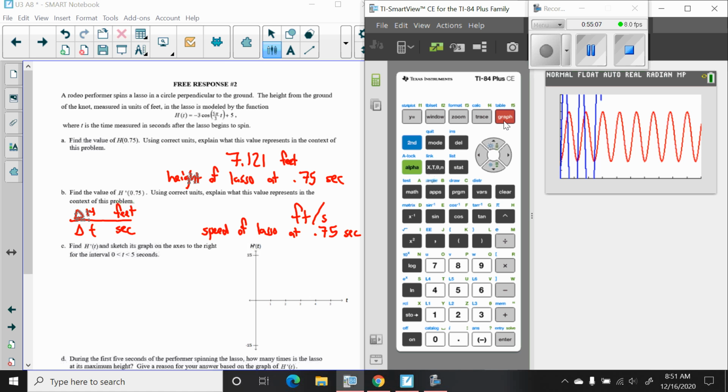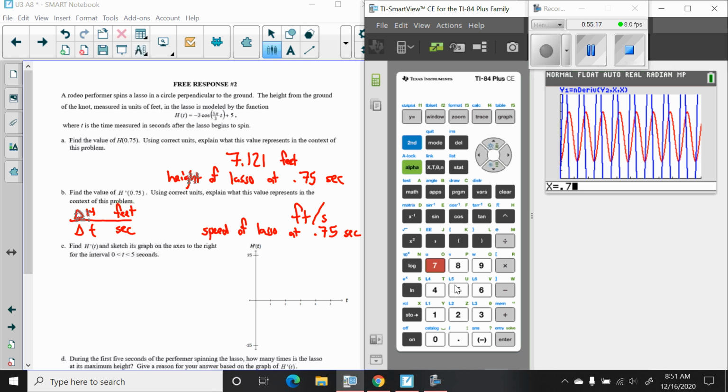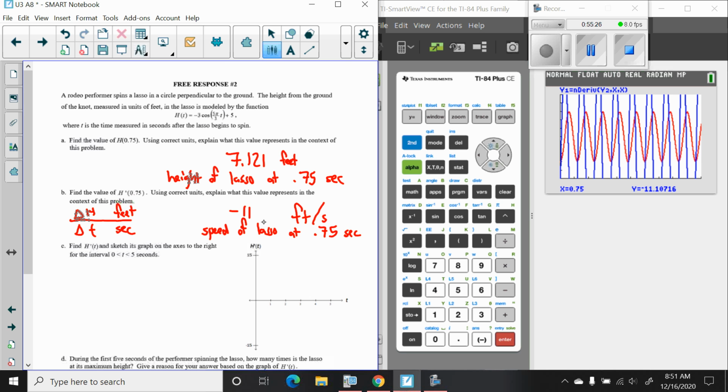And this is going to be a negative value, but it's all right. And trace, and the derivative is there, so 0.75. Now it was on its way down, so it should have a negative. Negative 11.107. This is the velocity.